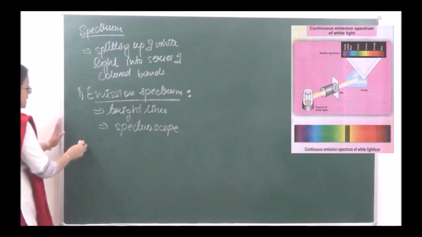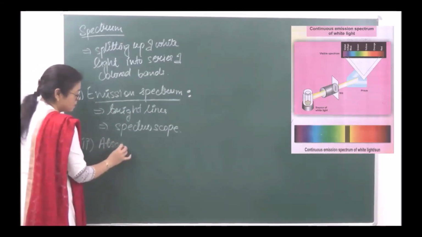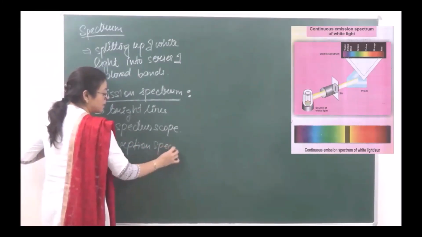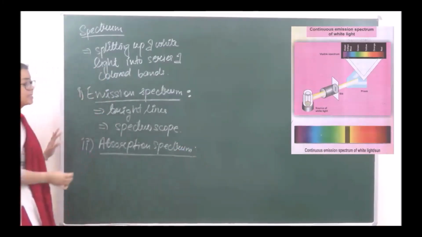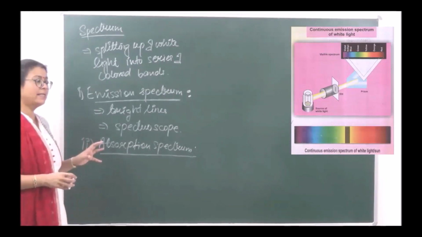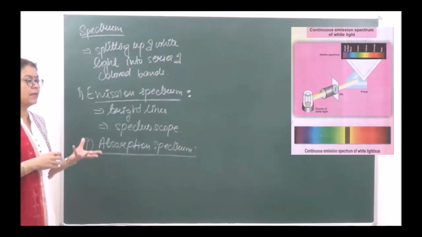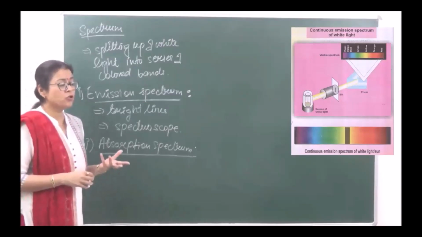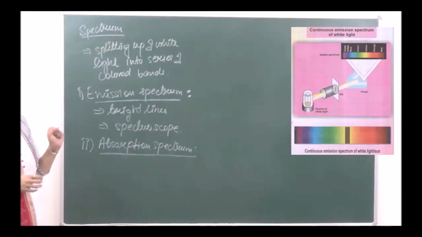Okay, whereas the second type we have is absorption spectrum. As the word suggests, absorption means that we are giving a source of white light. That white light is first passed through a medium. That medium may be a gas or it may be a solution. The solution is going to absorb certain radiations, right?